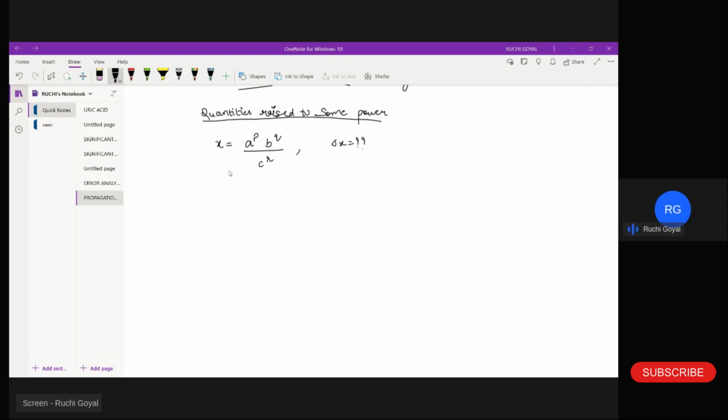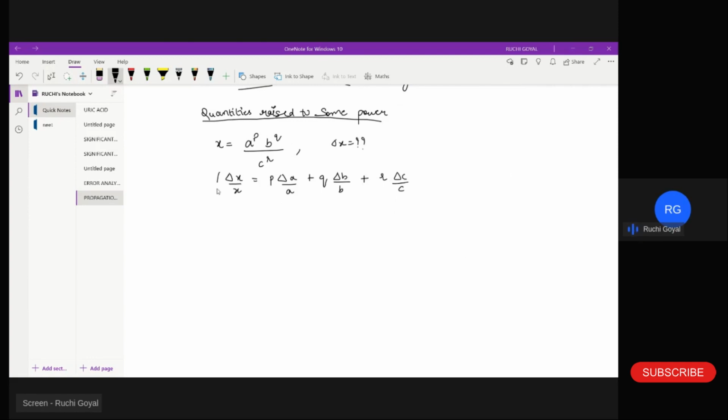Okay, so again, this is the division case. We can apply delta x by x will be equal to, now what we can write, p will come in the front of a, powers p, it will be delta a by a, plus q delta b by b, plus r delta c by c. The powers will come in front of the fractional error.